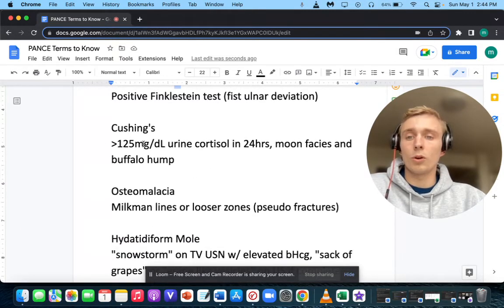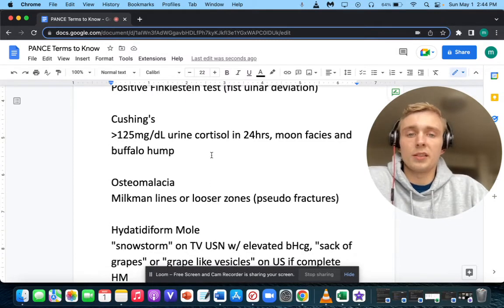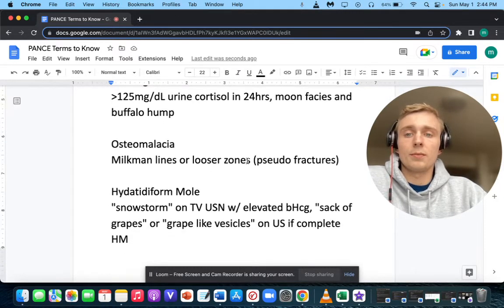If there's an over 125 micrograms per deciliter urine cortisol in 24 hours, moon facies, and a buffalo hump, that makes you think of Cushing's. So that makes you think of Cushing's disease. Moon facies, buffalo hump, purple striae, as well as poor wound healing, all makes you think of Cushing's syndrome or disease.